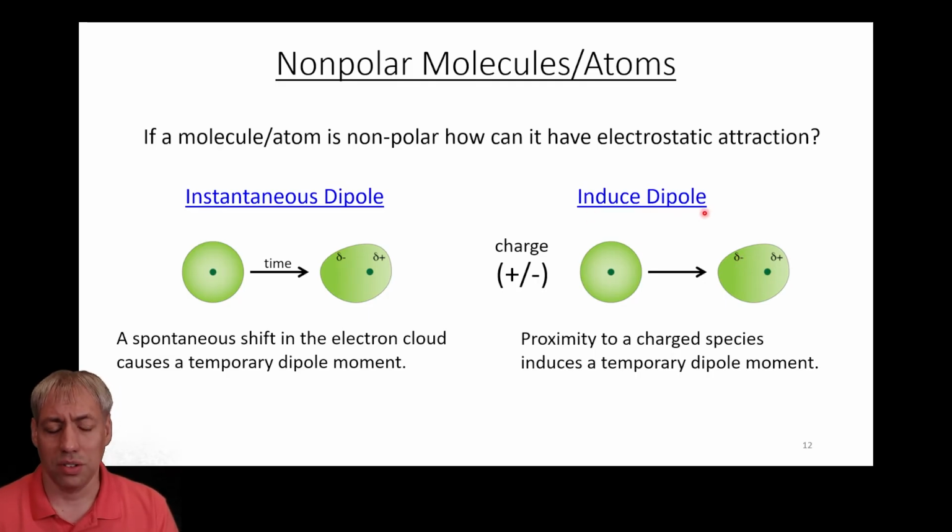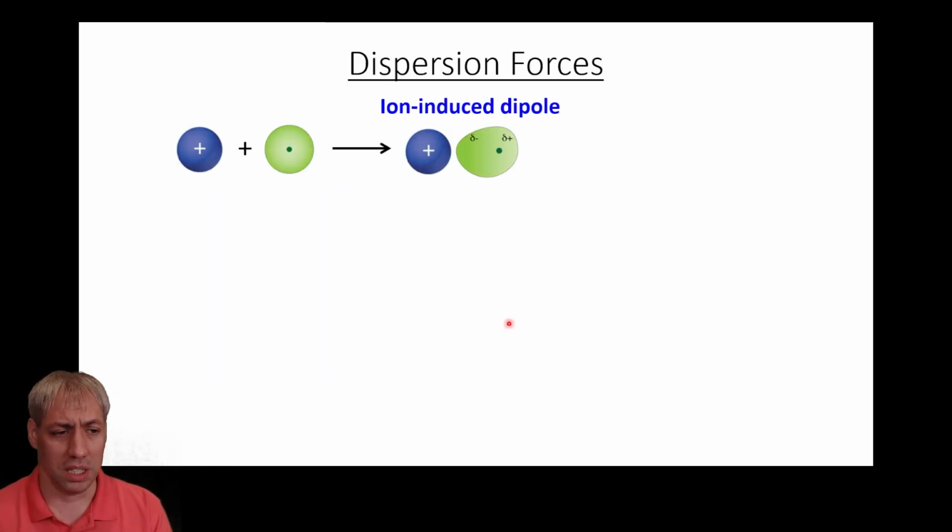And so it's called an induced dipole because something's causing this dipole. This one's called an instantaneous dipole because it's just spontaneous. It's just happening in the system. And so what this instantaneous and induced dipole does is it gives you a nonpolar molecule that's temporarily charged. It has a temporary negative, temporary positive, and so a nonpolar molecule can interact with polar or charged species.